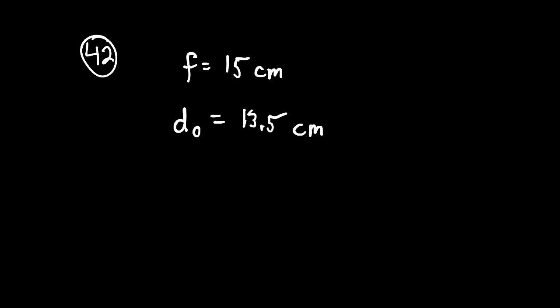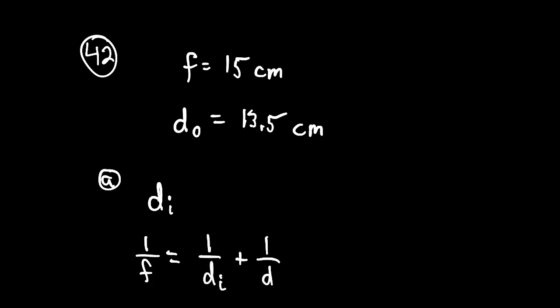Part A, where is the image? So what am I looking for? What variable? DI. What equation can I use? 1 over focal length equals 1 over DI plus 1 over DO. What is that equation called?